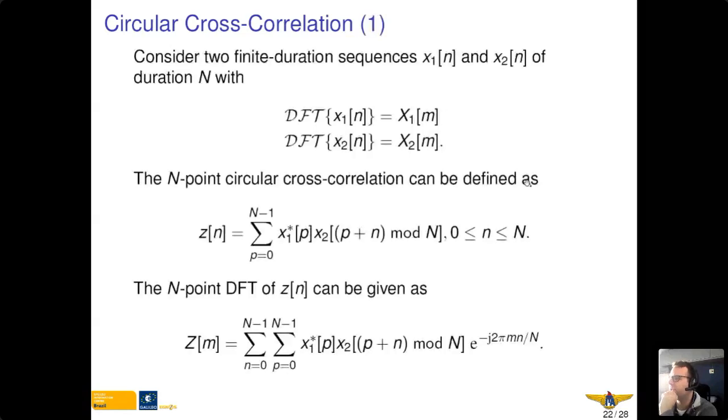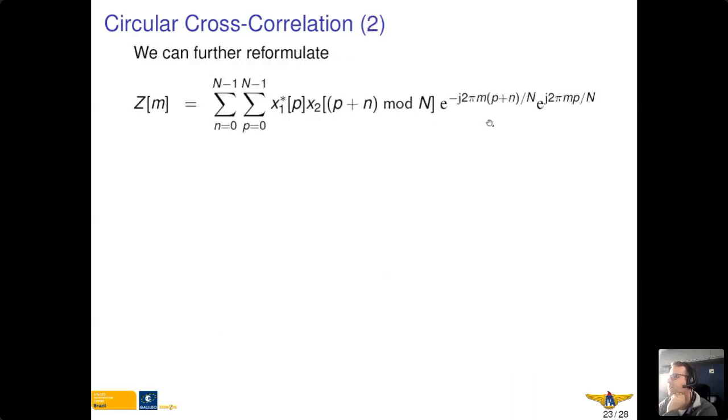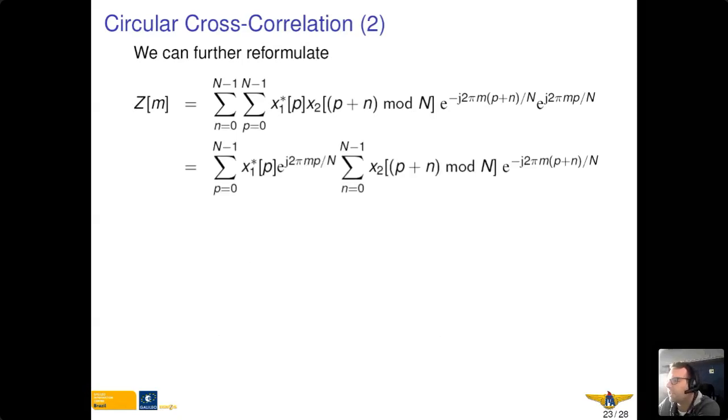The exponential function originally here was minus j2 pi mn divided by N, and we can rewrite this as two exponential functions, one with e to the power of minus j2 pi m times p plus n divided by N, and one exponential function e to the j2 pi m p divided by N. Now we can reorganize the terms because the last term is not dependent on n.